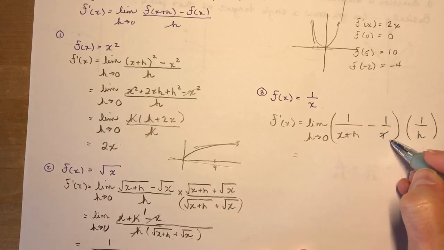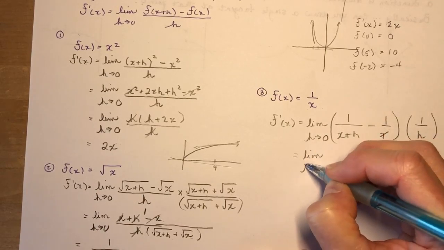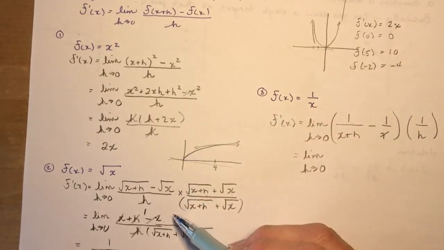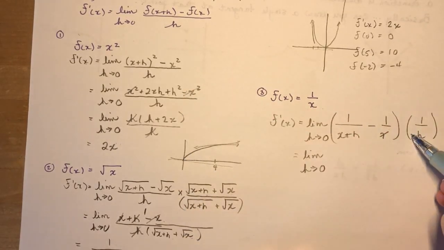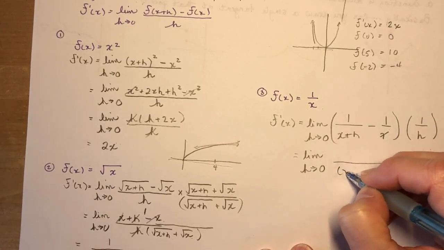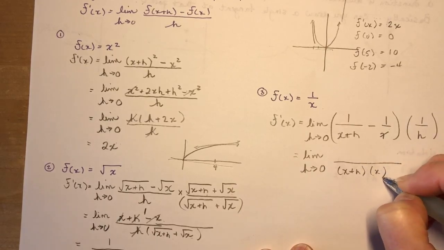Okay, now in order for me to add these together, I need a common denominator. So what you should be remembering is plug it in for this one, multiply by the conjugate, find a common denominator. So I have x plus h times x.